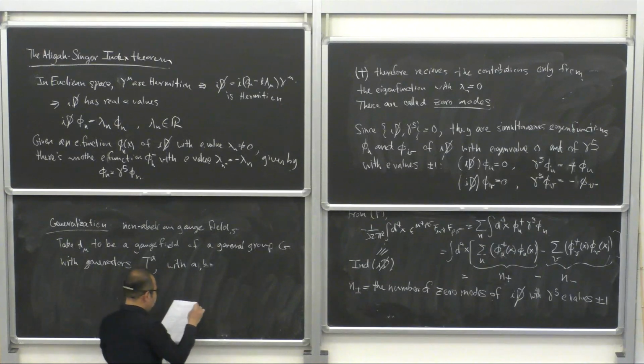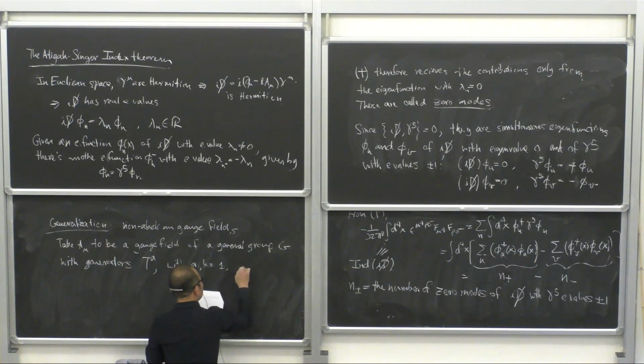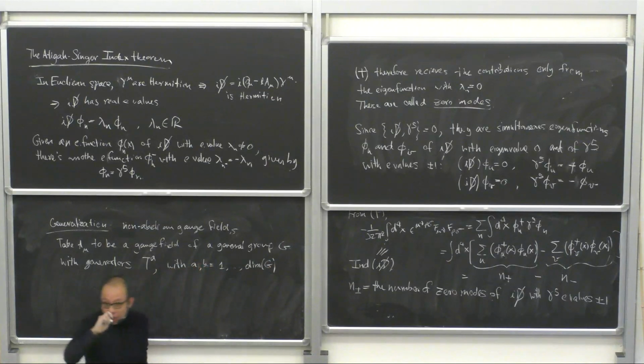This will run from 1 to the dimension of G. If G is SU(N), this will run from 1 to N squared minus 1. Okay?